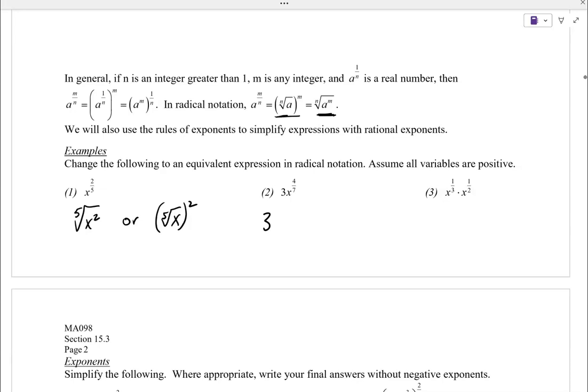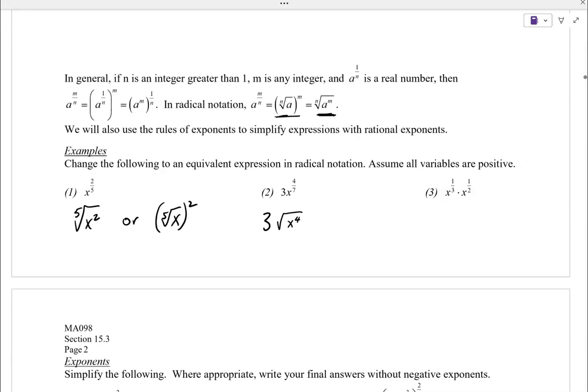How do we rewrite x to the 4/7? Would it be like the radical, and then it would be x to the 4th, and then it'd be to the 7th?